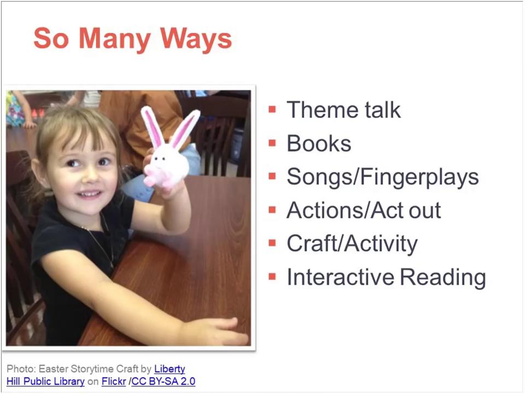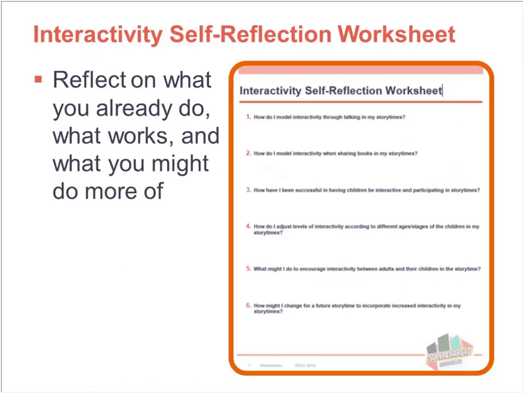And then one librarian has a word of the week, and they start out with that each week, a word to think about and talk about. So these are just some ways that we can be interactive in our story times. We're all interactive in story times to varying degrees and in different ways.